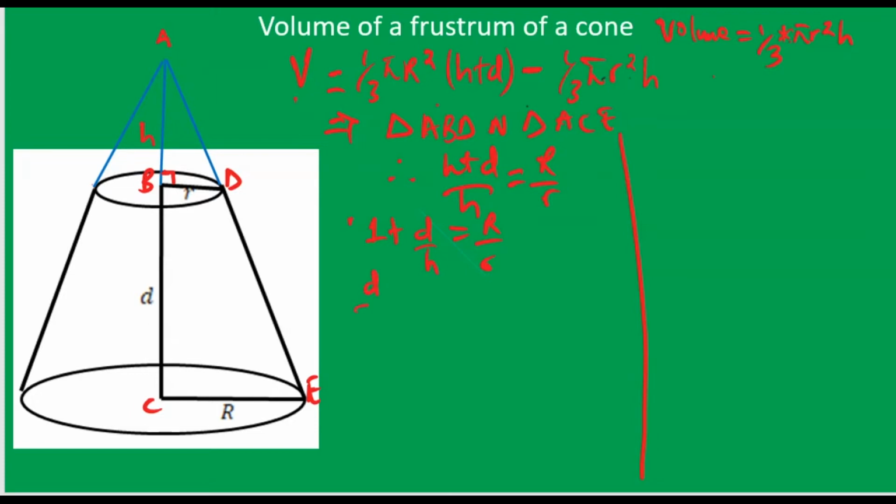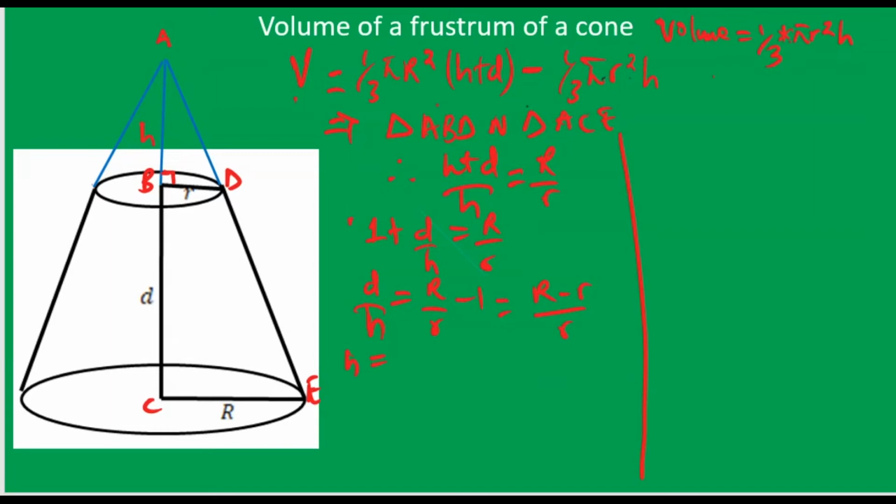So d over h is now R over r minus 1. Yes, the one moves to the other side, so we have big R minus small r over small r, therefore making h the subject of the formula.